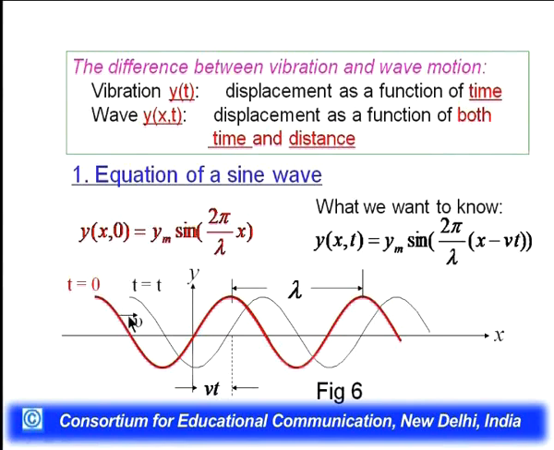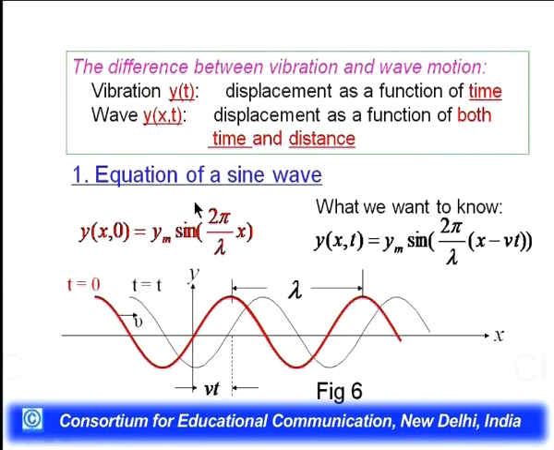Now, this wave is moving with the velocity v, so this lambda which was here will be displaced by this value, v t. This equation will change, and y(x, t) is equal to y_m sin(2 pi by lambda times (x minus v t)). This v t is the displacement with respect to time. Here t is equal to 0, and here t is equal to t.